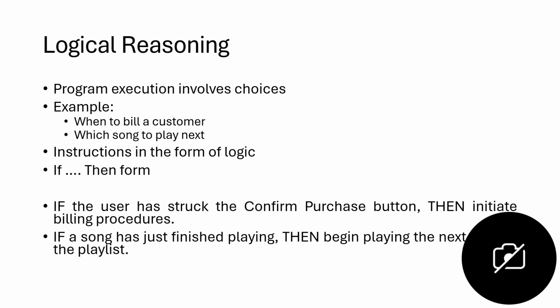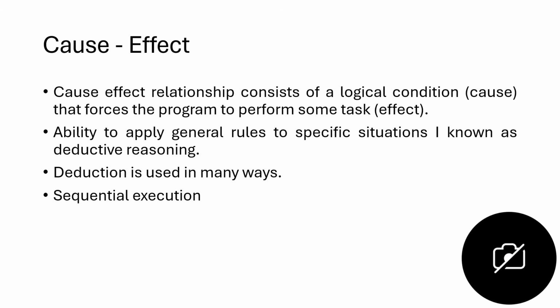Next, when a song finishes, we have to play the next song in the playlist. That may be a random order or a sequential order. These are all decided based on the instructions you give. These instructions are part of any software because that is where you make decisions or conclusions to execute the logic. Okay.